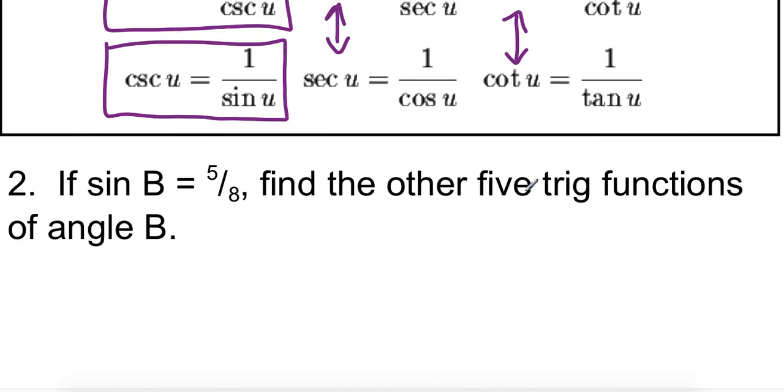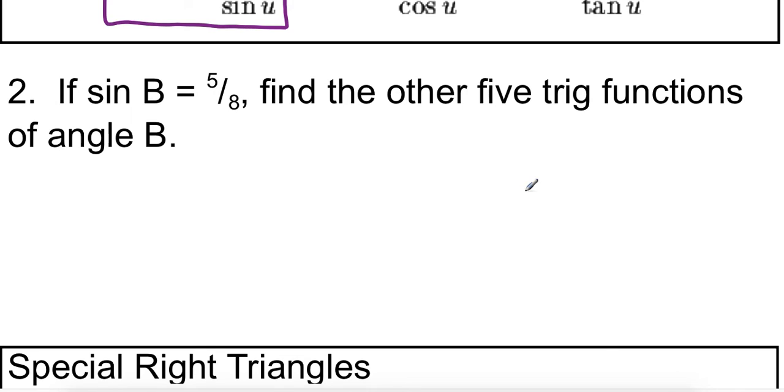All right, our last one for this video clip is this situation. We have sine of B is 5/8, and we want to find the other 5 trig functions.